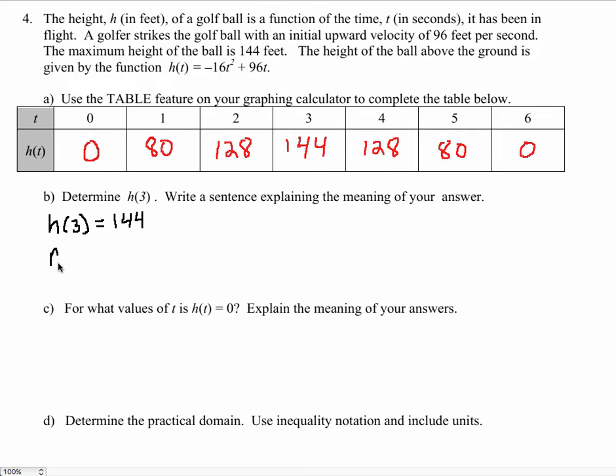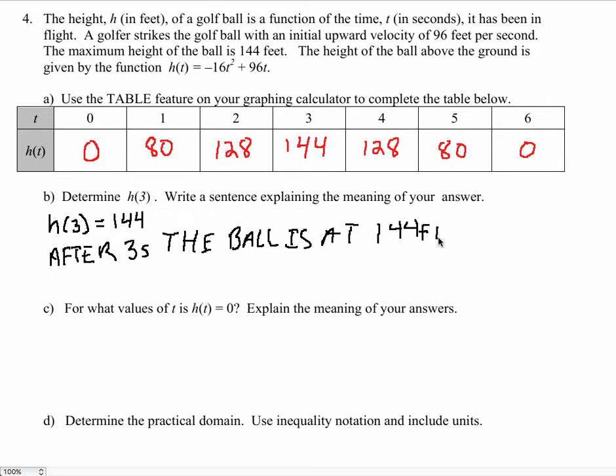That says after 3 seconds, the ball is at a height of 144 feet, which is also, as they told us in the introduction, the maximum height that it can get to.